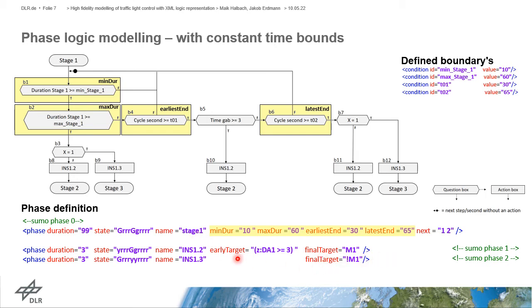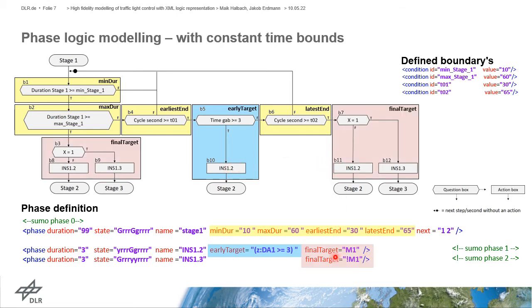Some additional information to the two expressions here. Early target will be checked if both minimal time bounds are true, so min duration has to be true and earliest end has to be true. Then the control will check, for example, in the blue area, if a path is true and applies to an interstage action block, then the control will operate this interstage as the following phase.